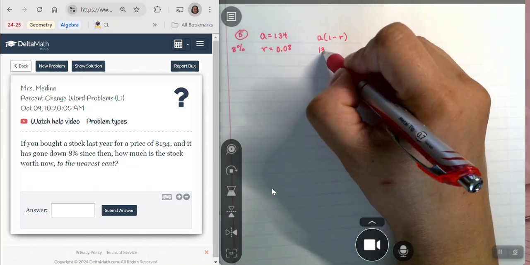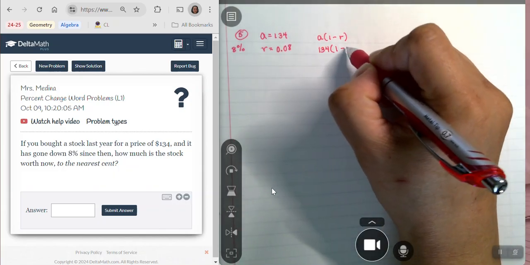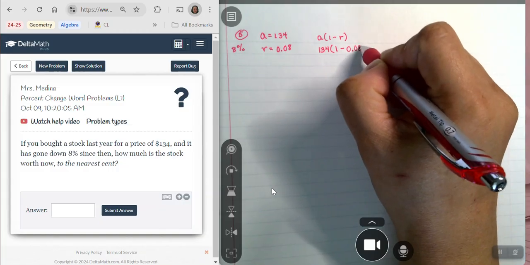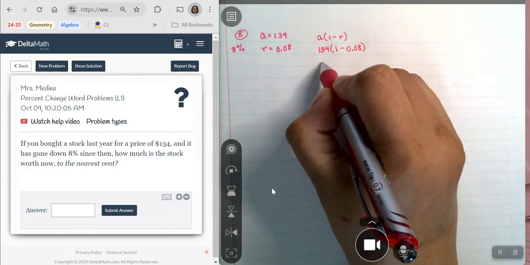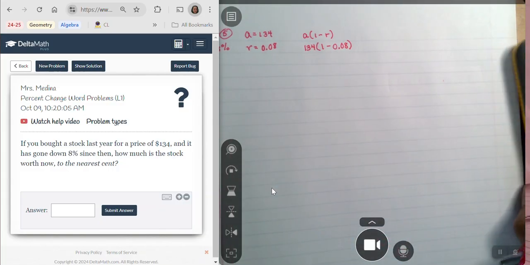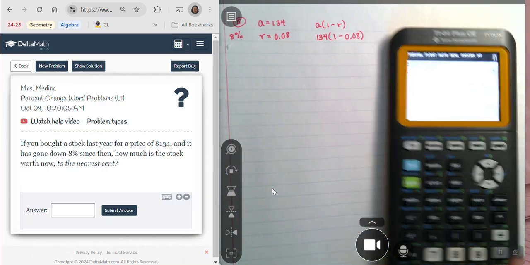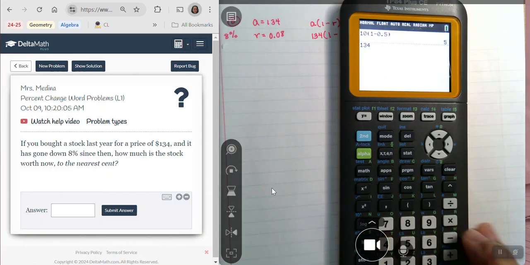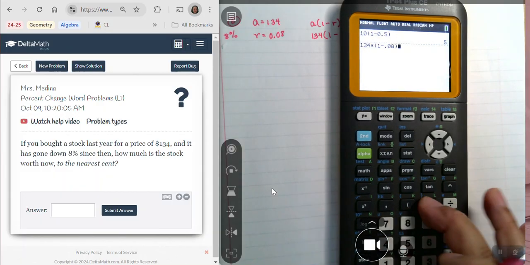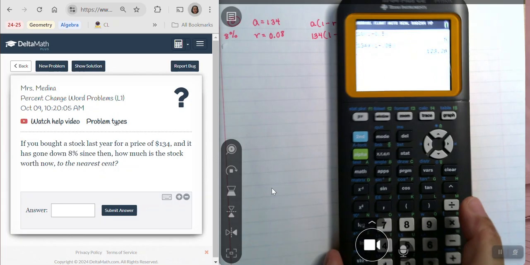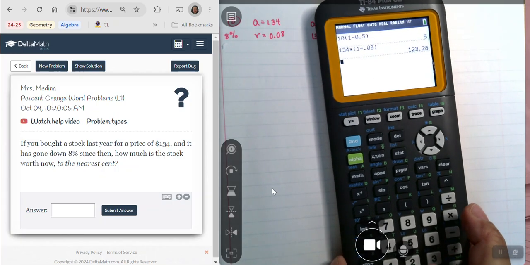So I got to do 134 times 1 minus 0.08. $123.28?